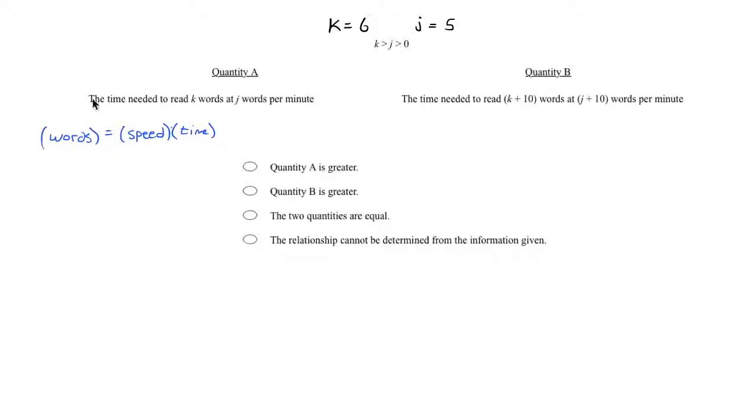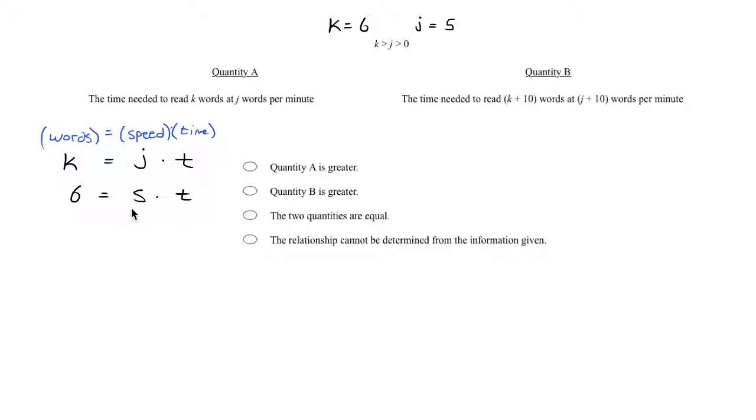In general, we're talking about k words at j words per minute. That's a speed. So k equals j times t, or if you prefer, we said 6 equals 5 times t. What is the time needed to read this many words at this many words per minute? Well, we have a singular unknown time.